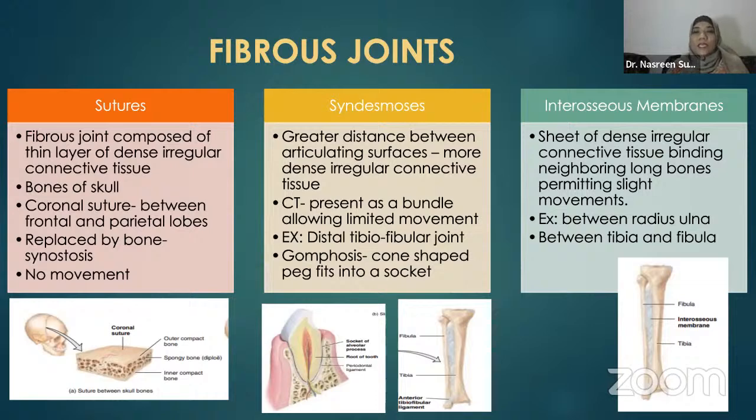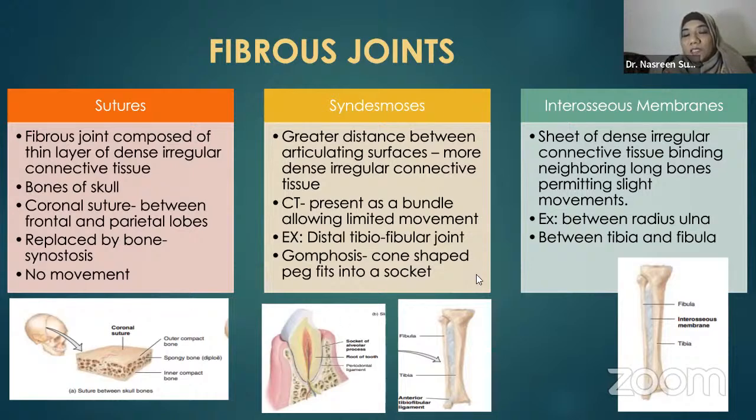And the last one is interosseous membrane, where the dense irregular connective tissue in the neighboring bones will be present in the form of a sheet. A complete sheet will be present. And here there will be few movements which are permitted.